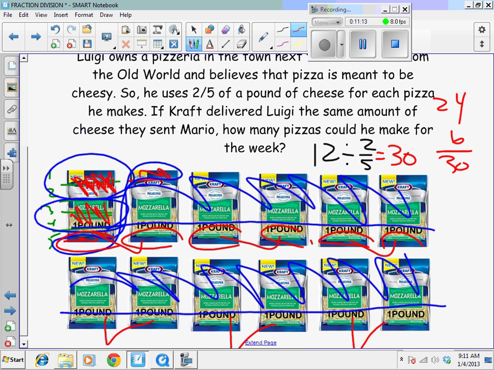How can this be that 12 divided by 2/5 equals 30? Destiny.